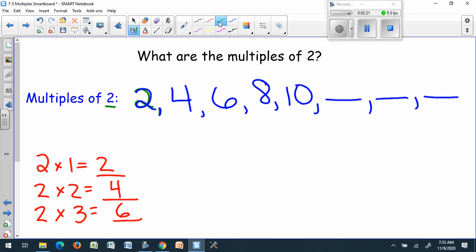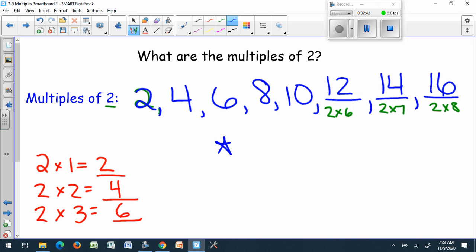Okay, so hopefully you realize that this would be 2 times 6, this would be 2 times 7, and this would be 2 times 8. So I'm going to fill in those numbers, 12, 14, and 16. Just so you know, multiples go on forever. Let's put that in our notebook.